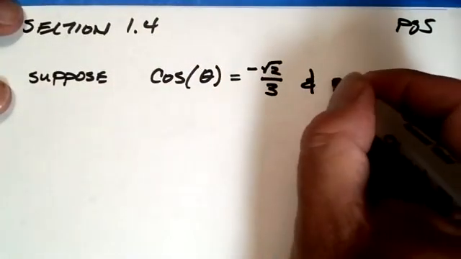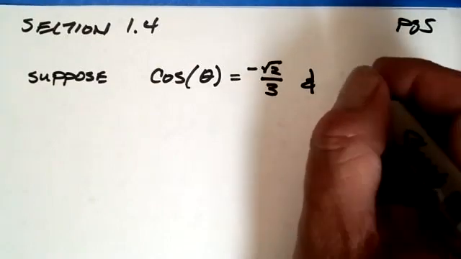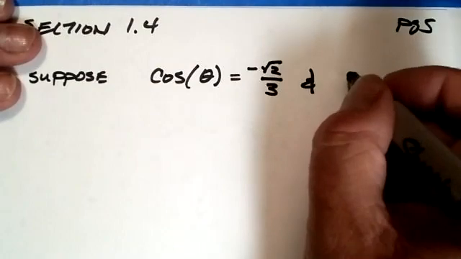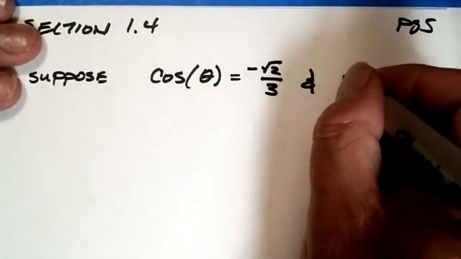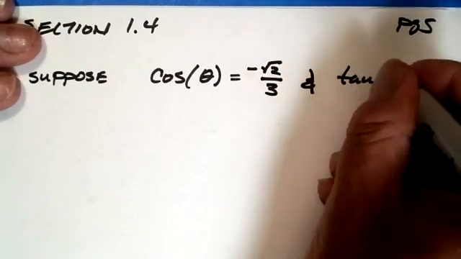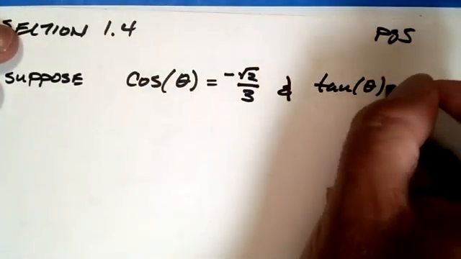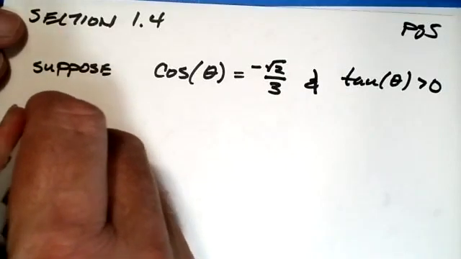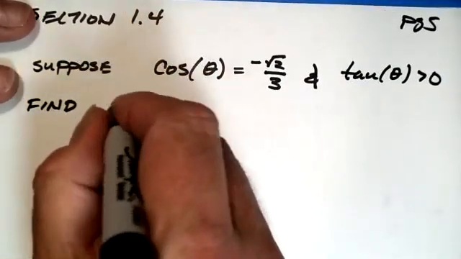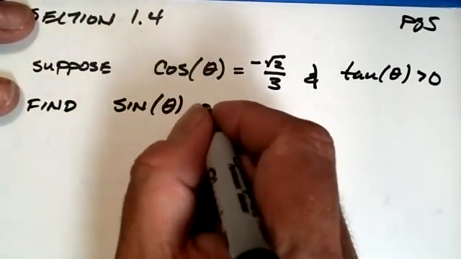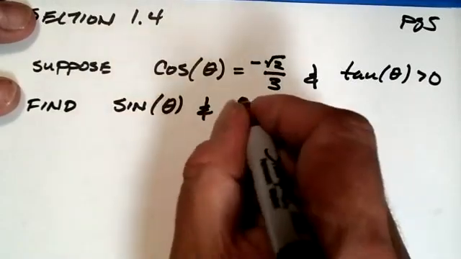And pick any other function you want that's not the reciprocal. Let's say tangent of theta is greater than 0. Find sine of theta and tangent of theta. And that'll keep it a little simple.